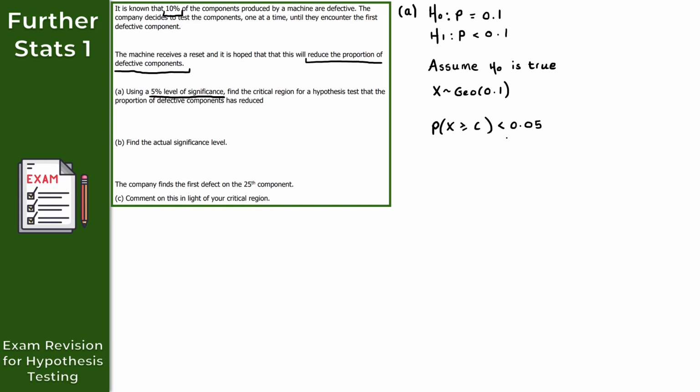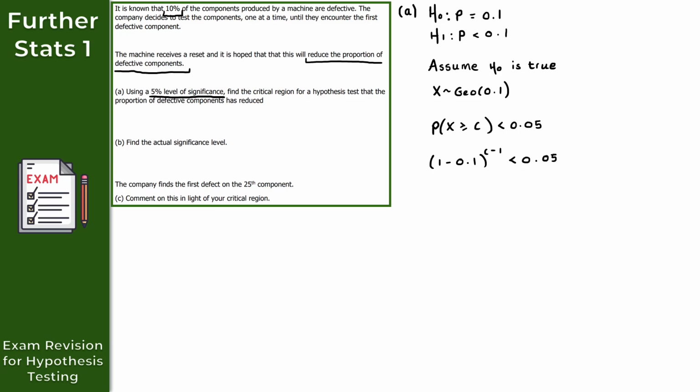Okay. So to find this probability here, this would simply be (1 minus p) to the power of c minus 1. Okay. We do 1 minus p, which in this case then will be 1 minus 0.1 because p is equal to 0.1. And as we said then, that is to the power of c minus 1. And this must be strictly less than 0.05, like so.